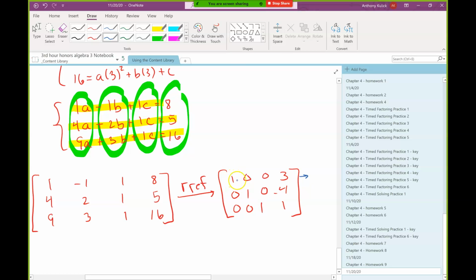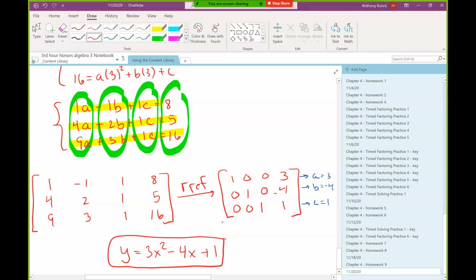So this says 1a plus a bunch of zeros is equal to 3. So just a is equal to 3. We have 0 plus 1b plus 0c is equal to -4. So b is -4. And 0a, 0b plus 1c is equal to 1. So just c is equal to 1. So there's our final answer.